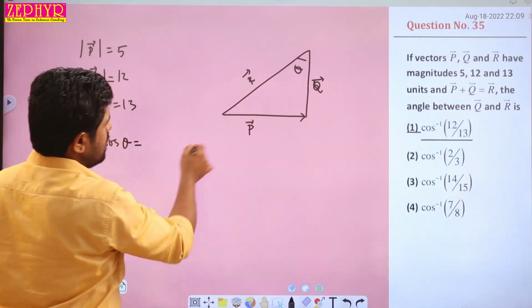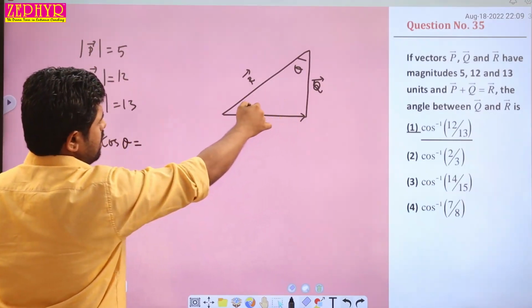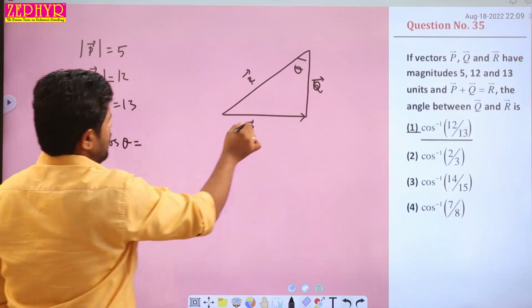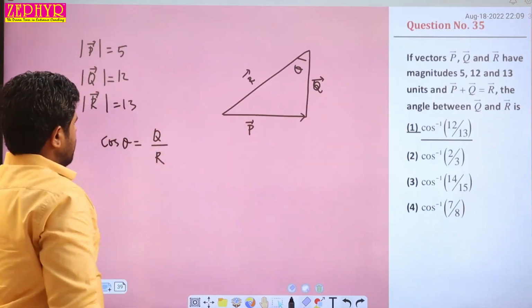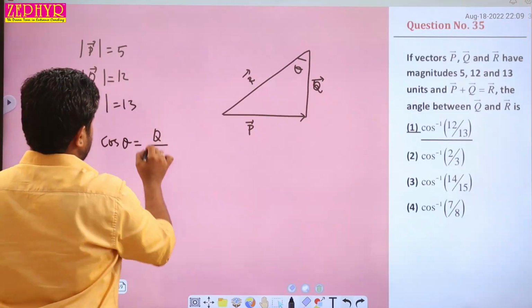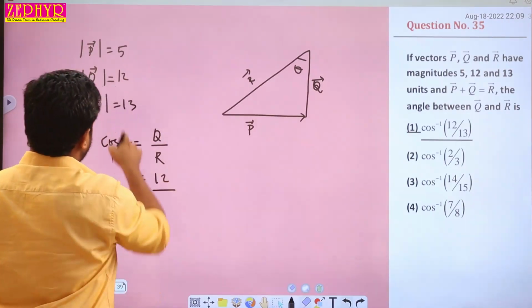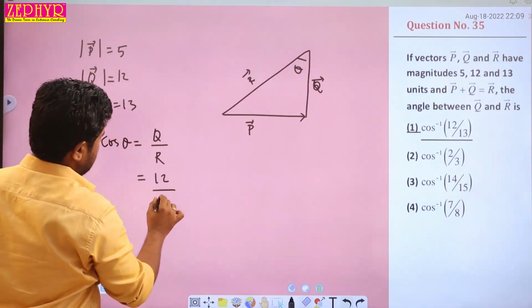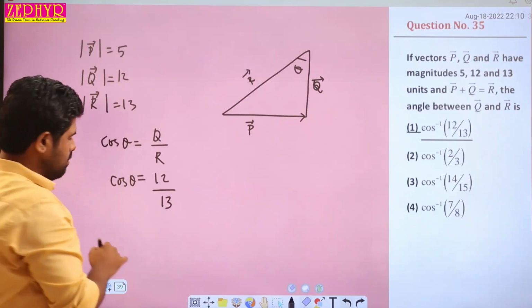So cos theta is equal to adjacent side divided by hypotenuse. Here the adjacent side is related to q and r, so the value of q is 12 and the value of r is 13. So cos theta is equal to 12 divided by 13.